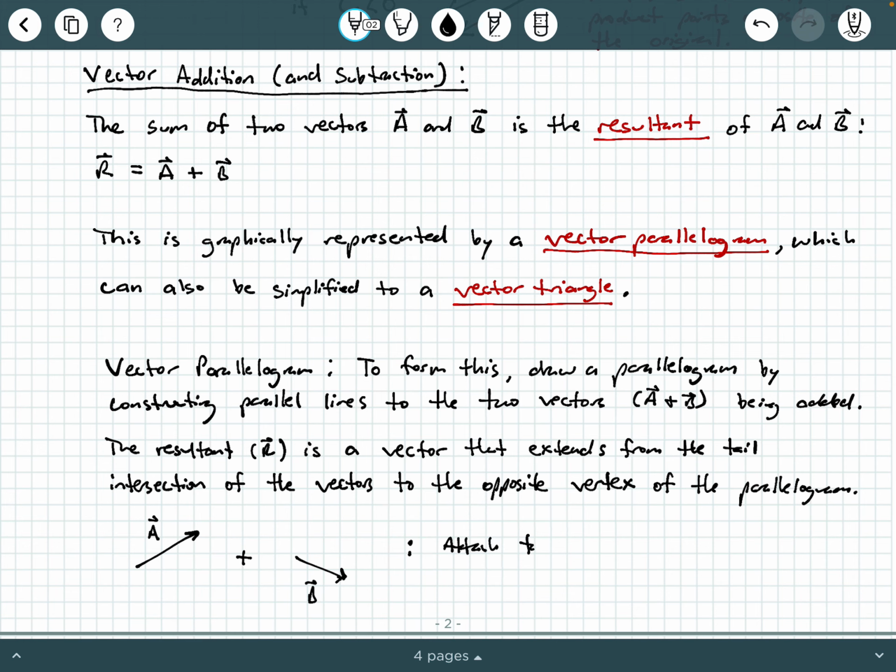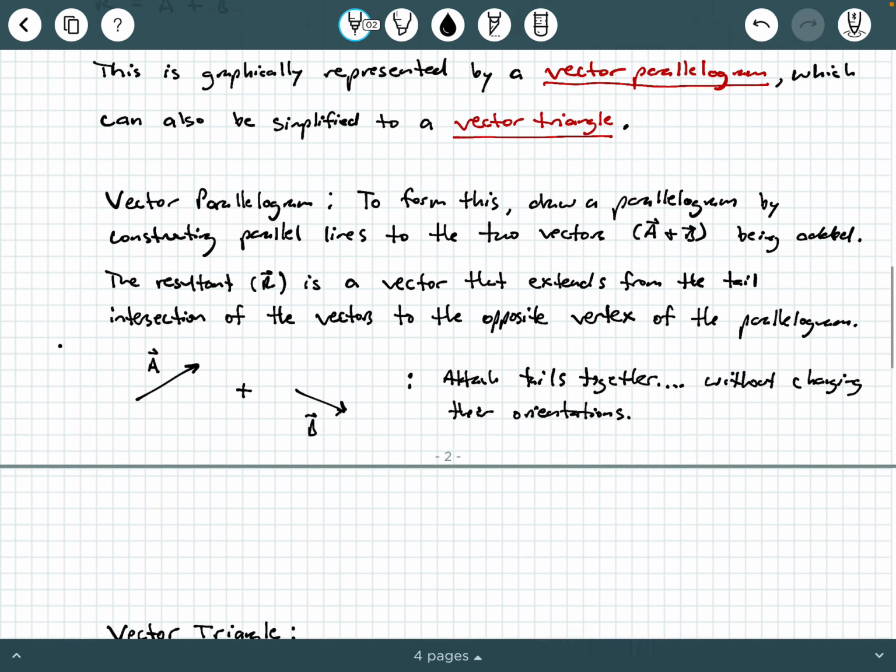Attach tails together, and you're going to do this without changing their orientations. So do not rotate these vectors. You have to keep them at the same angle orientation that they're in originally.